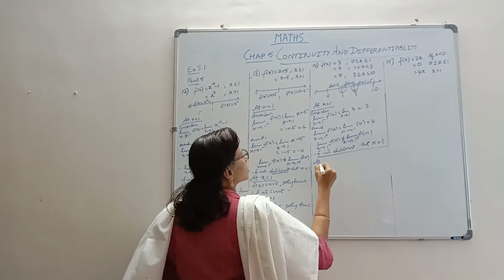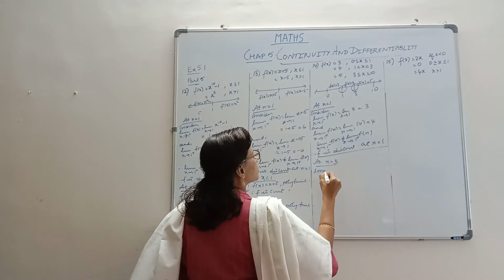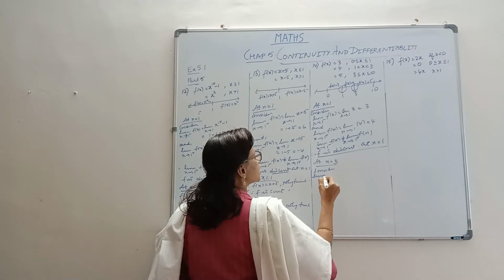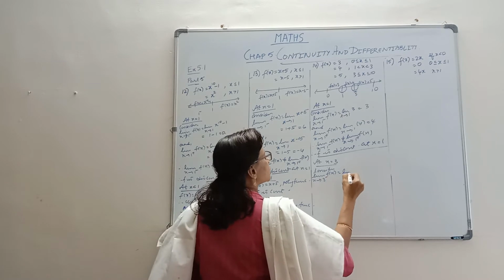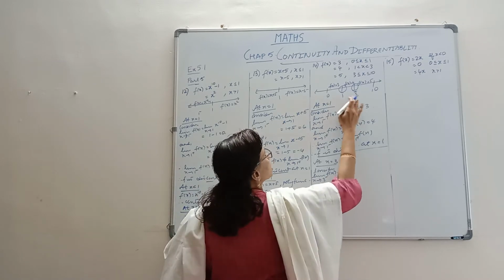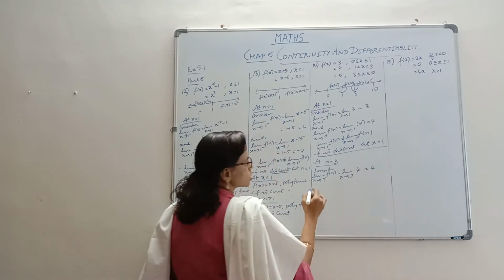Then we will also check around x equal to 3. Consider the limit as x tends to 3 minus f of x, means left side of 3. What is happening on the left side of 3, it's very clear to us, is 4. Value is 4 because it's a constant function.